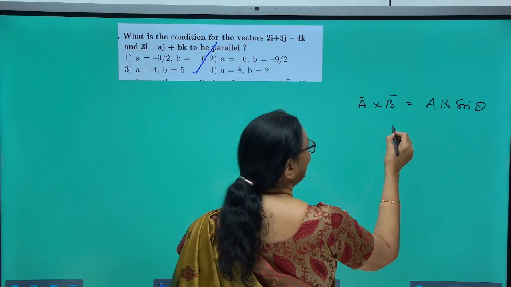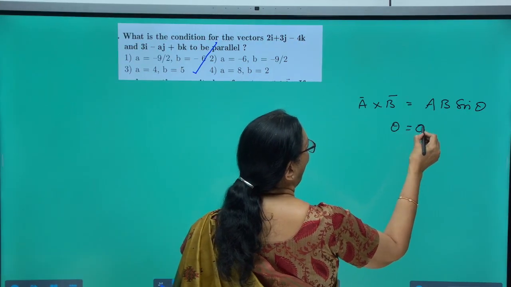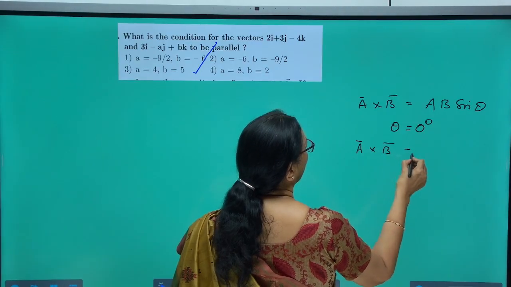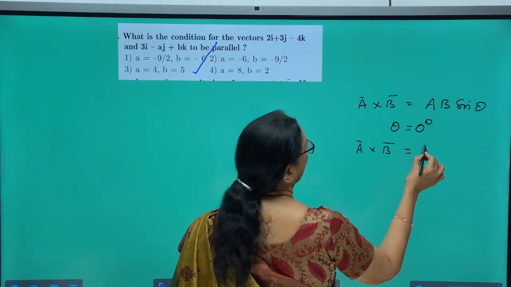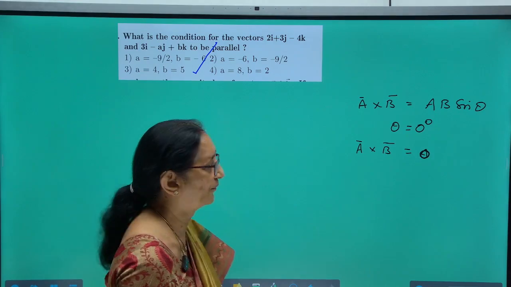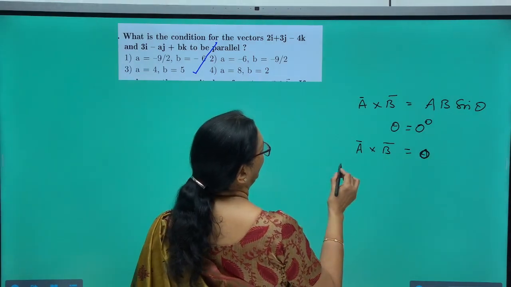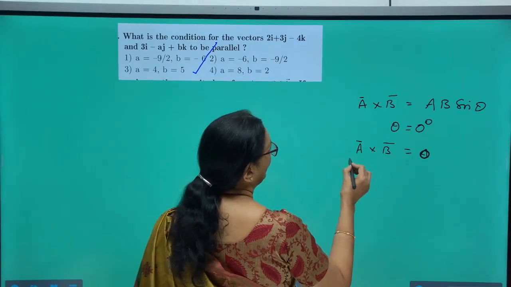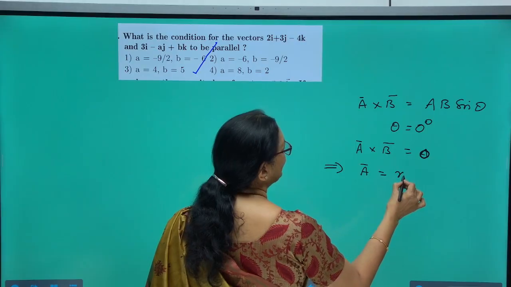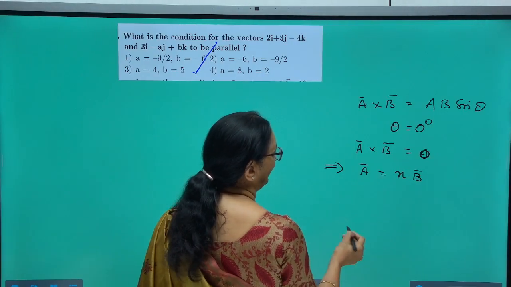If they are parallel, angle between them is 0, A bar cross B bar must be equal to 0. A cross B is equal to 0. Actually, if you prove, this is possible only when A bar is an integral multiple of B bar.